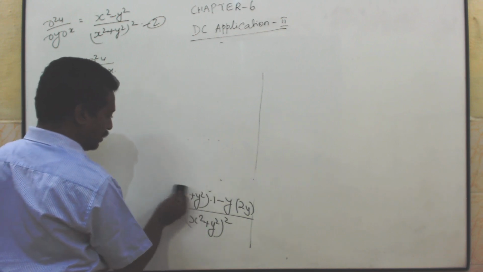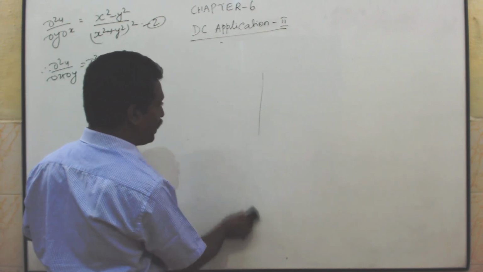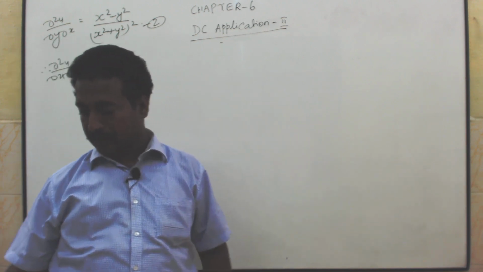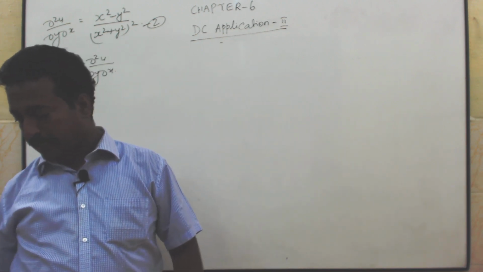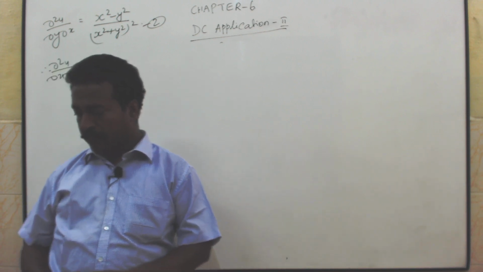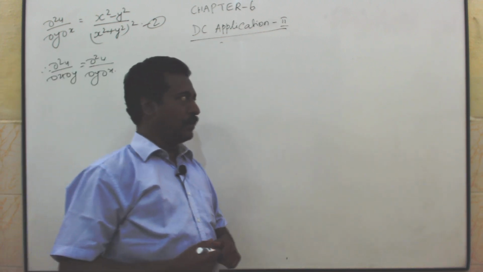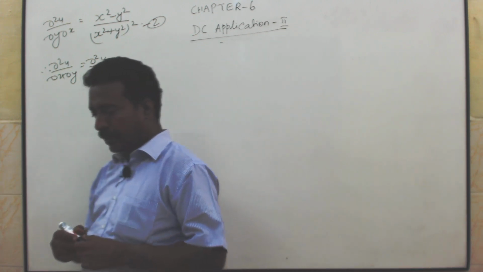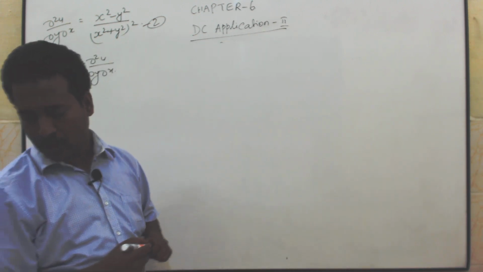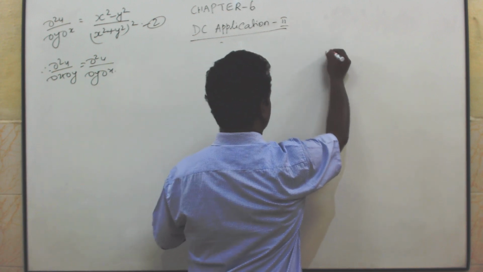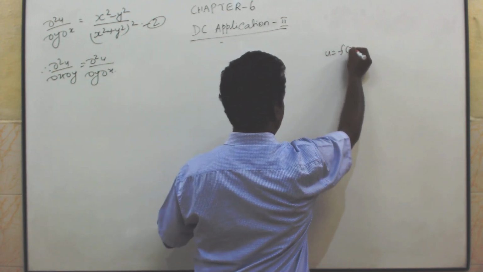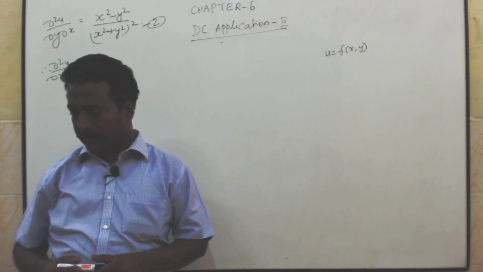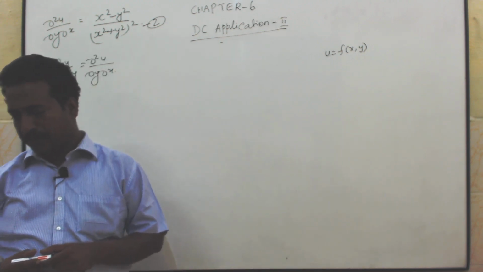The next one is the chain rule for independent variables. Dependent variables and independent variables are different. Chain rule for two variables. Let us consider the function u equal to f of x y, which is differentiable.